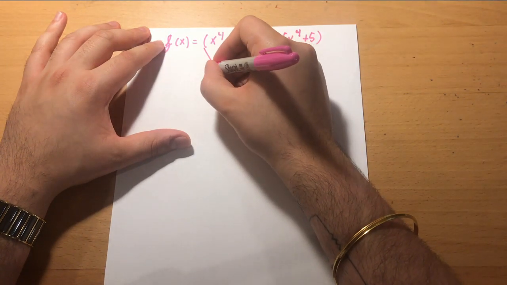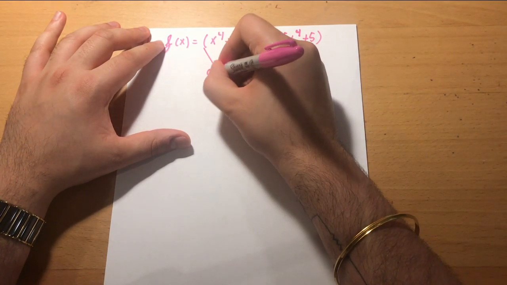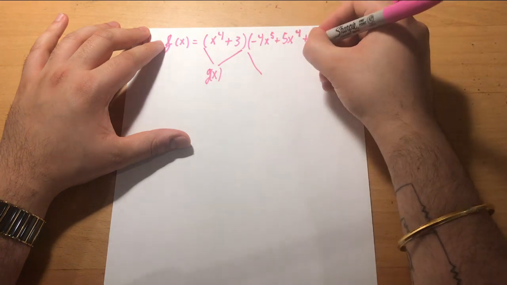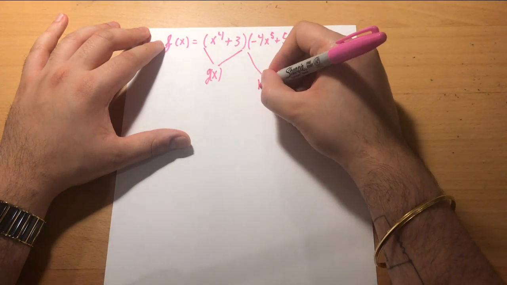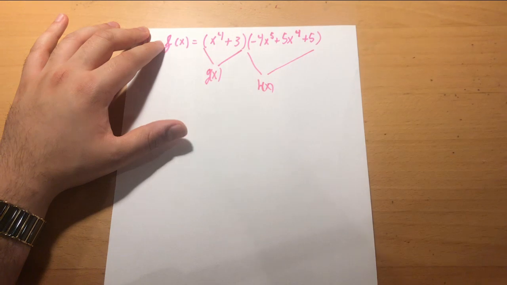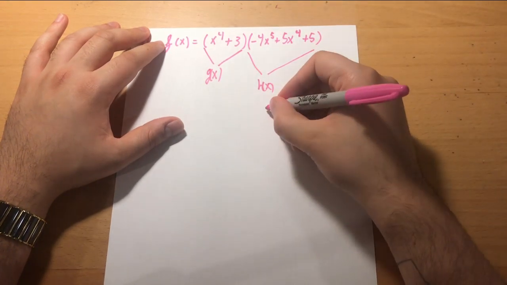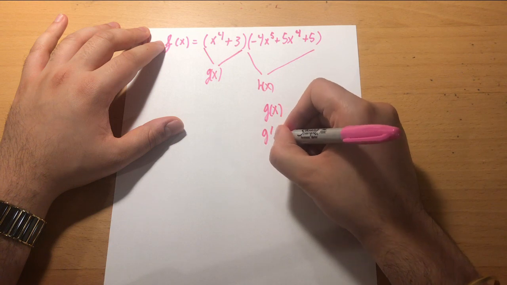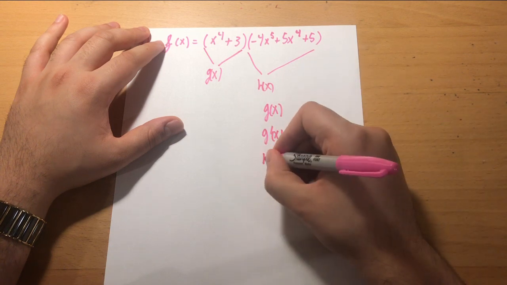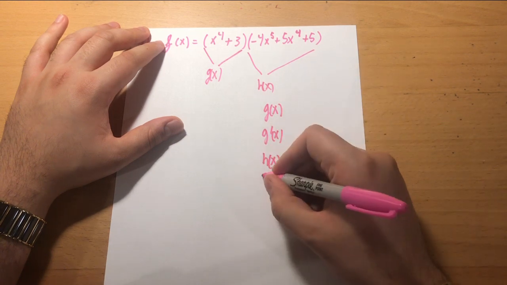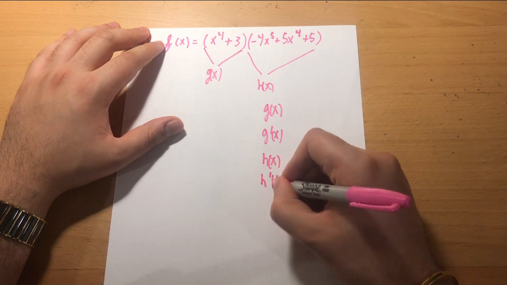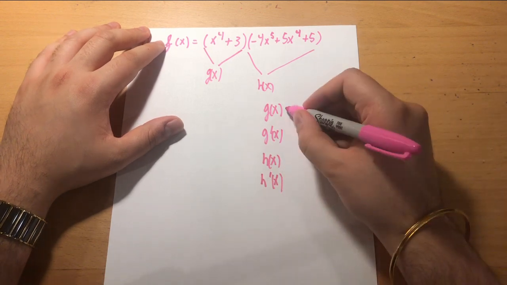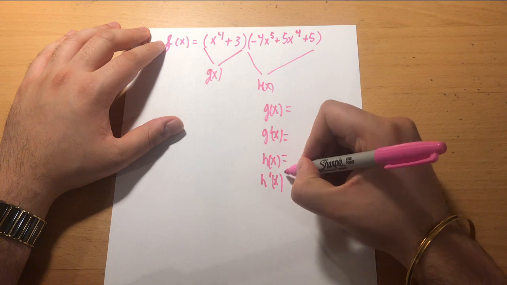So I can use this to be g of x, and this function here can be h of x. And then off here, I'll just do g of x, g prime of x, h of x, h prime of x. All right. Now let's start filling these in.